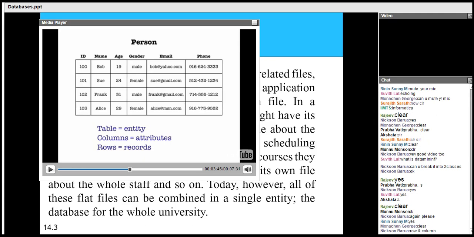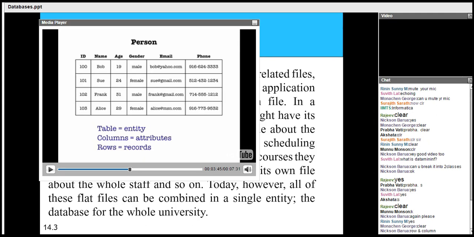Row and column. See, row is the record. If I want to know about the person Bob, I write a query, a structured query language.